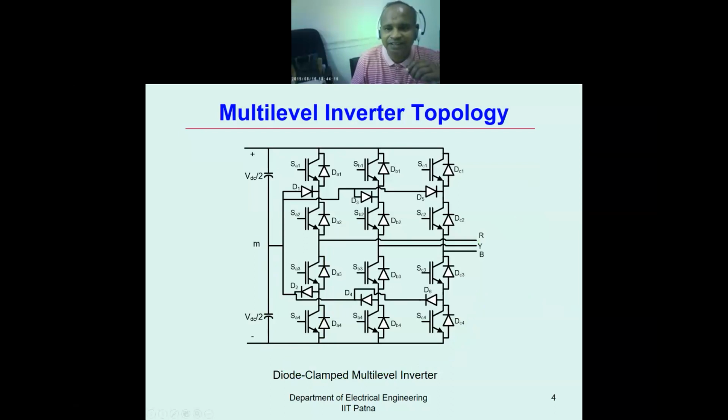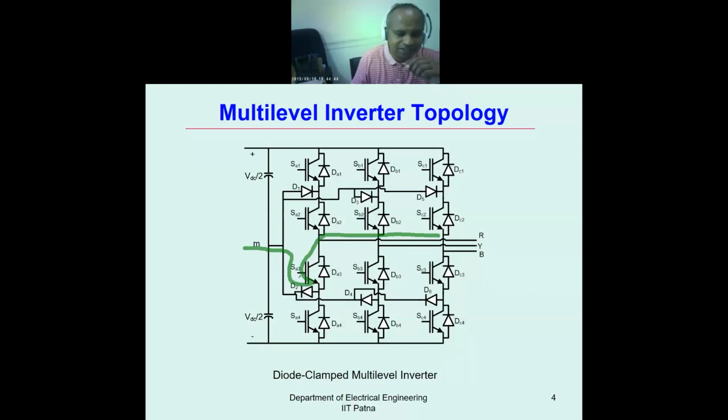And when only one switch S3 is on, let's take the current as negative. The current flows from R through the load and through S3, and if the other switch is off, it will be bypassed through this diode to the neutral point.